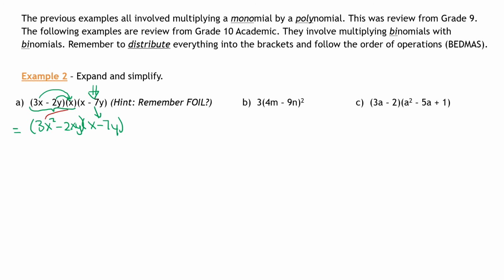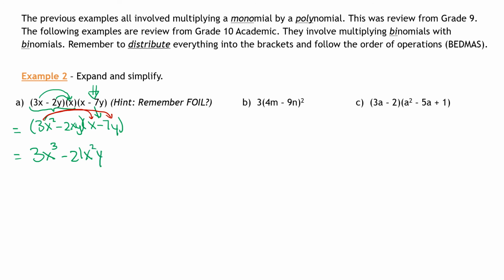So first I take the 3x squared and I multiply it by the x, and that's going to give me 3x cubed. Now the 3x squared has to get multiplied into both terms here, so I'm going to multiply it by 7y, and that gives me negative 21x squared y.